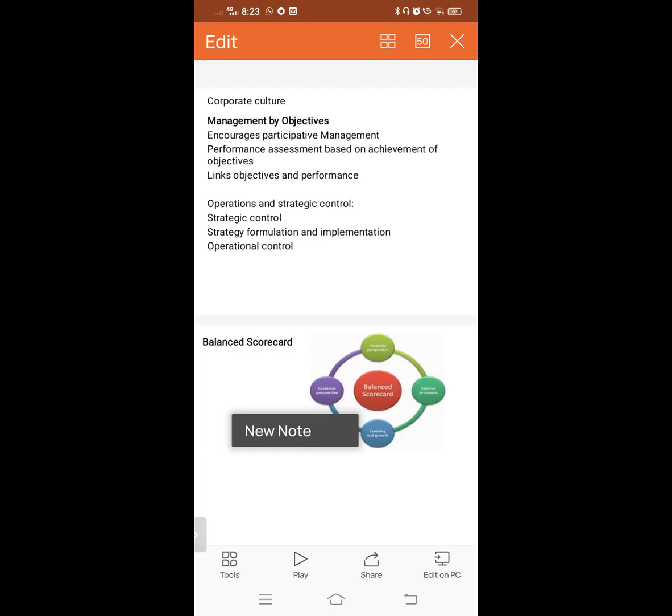Now, when one thinks of the techniques to control the strategic evaluation, one can think of having the responsibility centers. The responsibility control centers, where the revenue, the expense, the profit, and investment centers are considered.